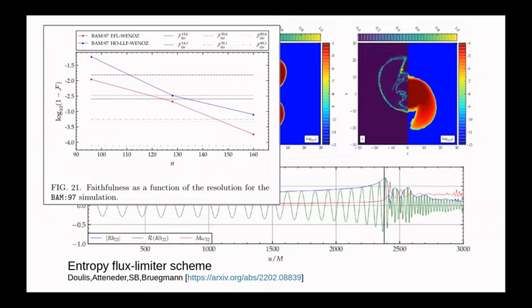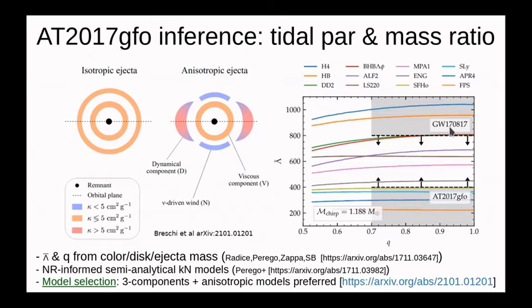So we start approaching these regions where systematics might dominate. So this is one possible way forward in the near future. So let's move to the kilonova inference.